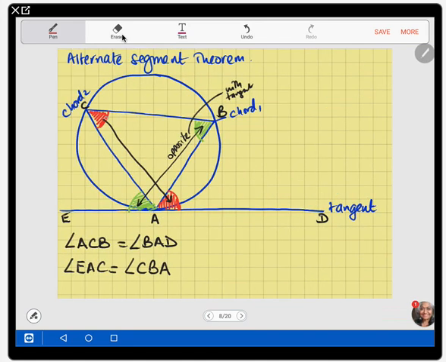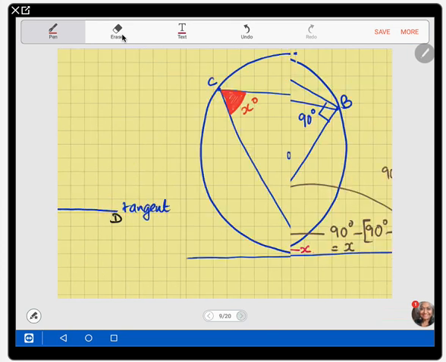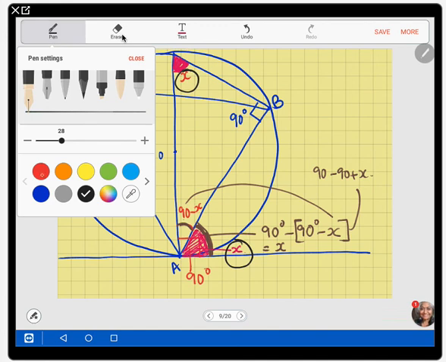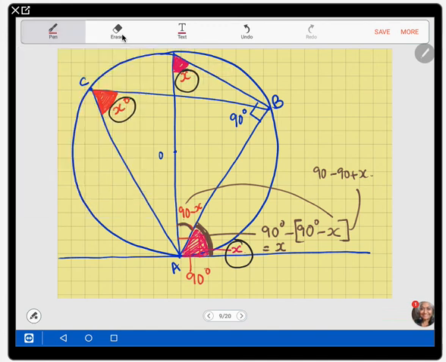This is what we learned. Look, this angle here, and this is what we have, X here. They're the same. So that's our proof. Okay, I forgot to put the degrees here.